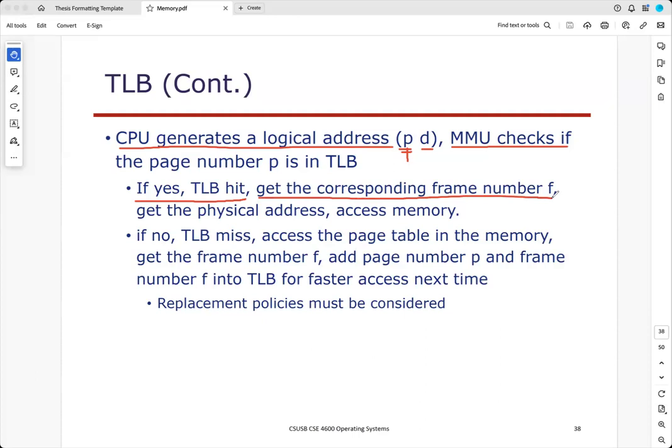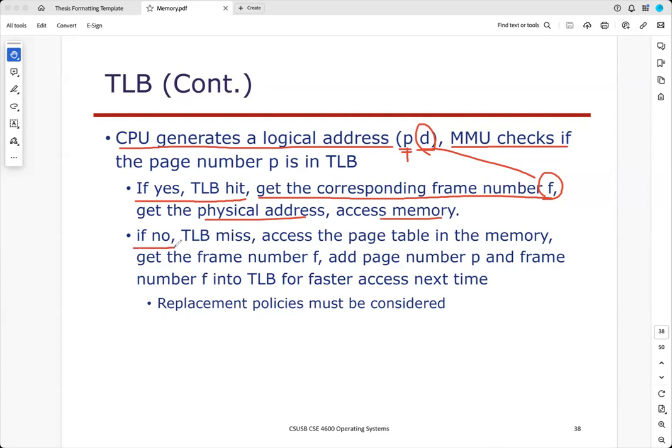Page number is a key, so search the key from the TLB. If the page number is in the TLB, get the corresponding frame number F from the TLB, and then combine the frame number and the page offset to get the physical address. Use this physical address to access the memory unit.